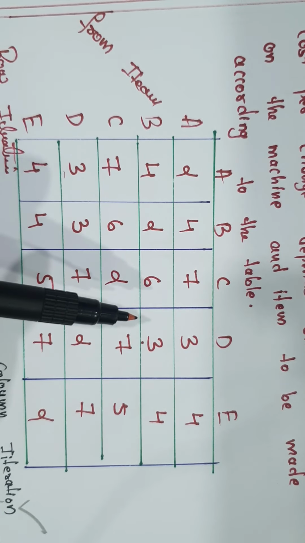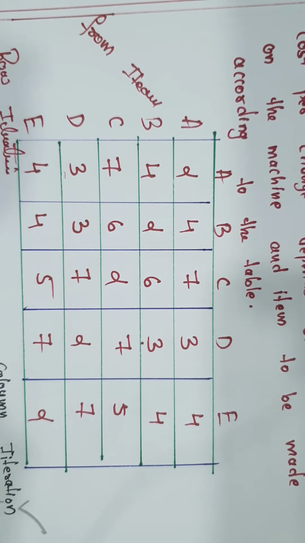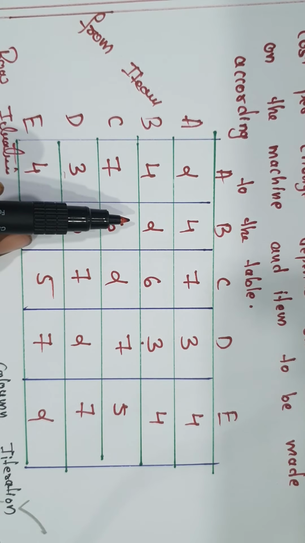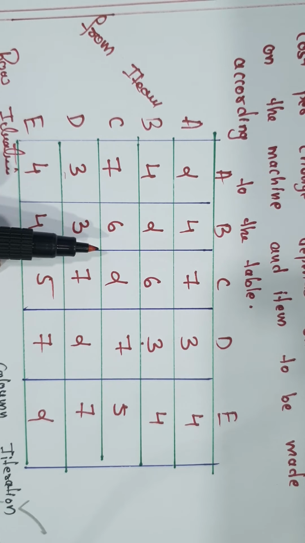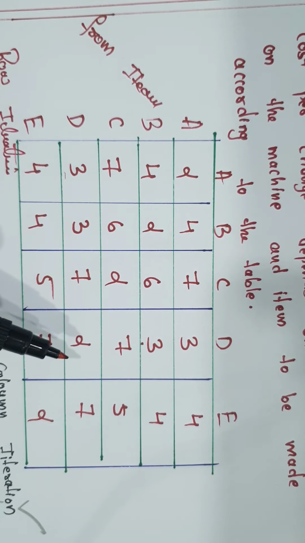So in place of that, what do you have to write? You can write M. Whenever a blank is given like this, you can write M in place of that. So for this alpha, no need to add or subtract. Like this you have to solve.